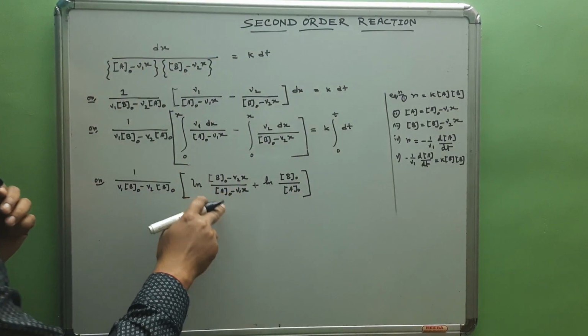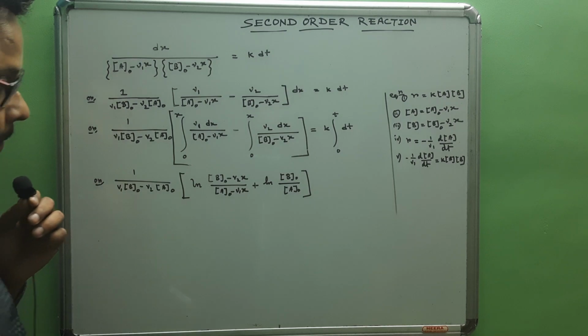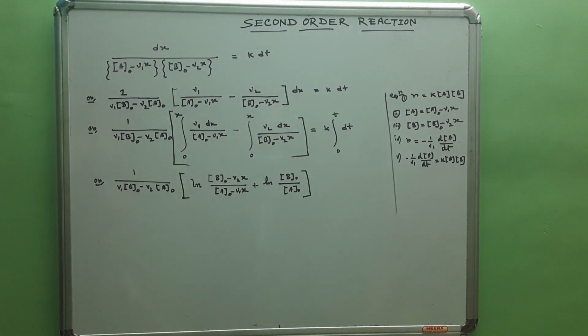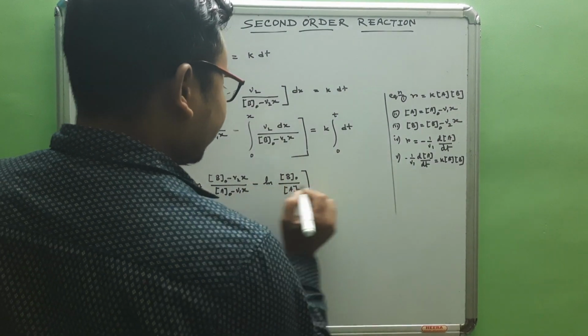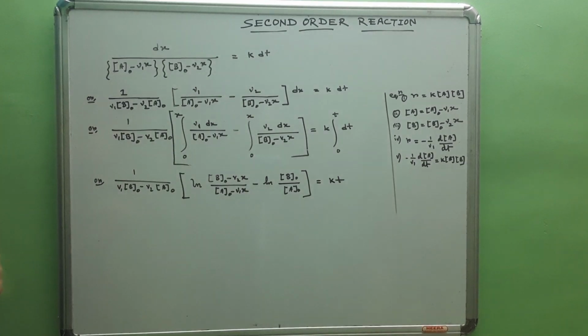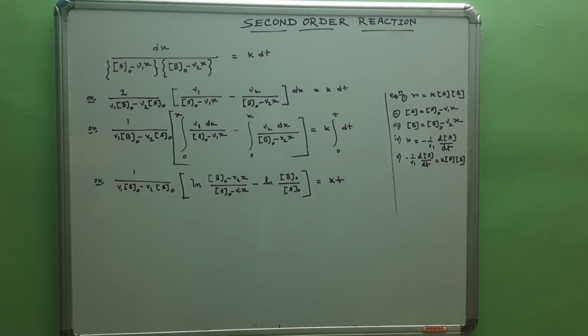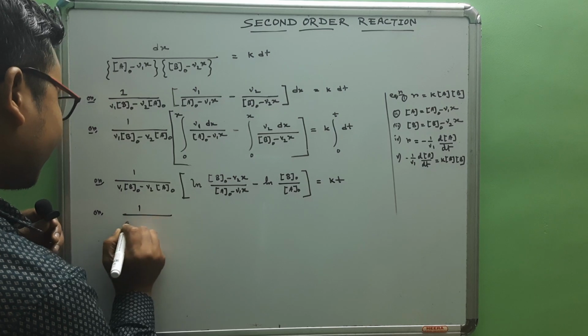So after integrating this, you will get the final formula, so we have minus, so k dt, so it gives only kt. Okay, my dear students, so this is the formula, and you can also simplify this formula.